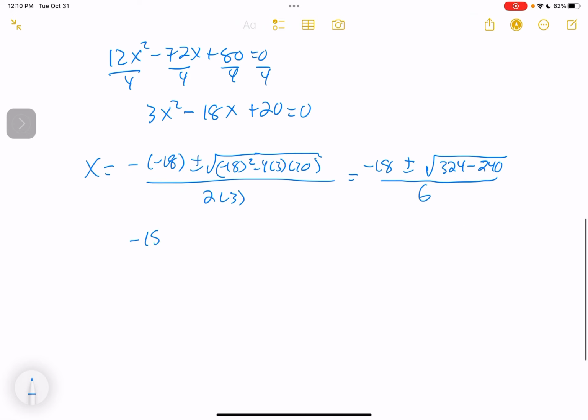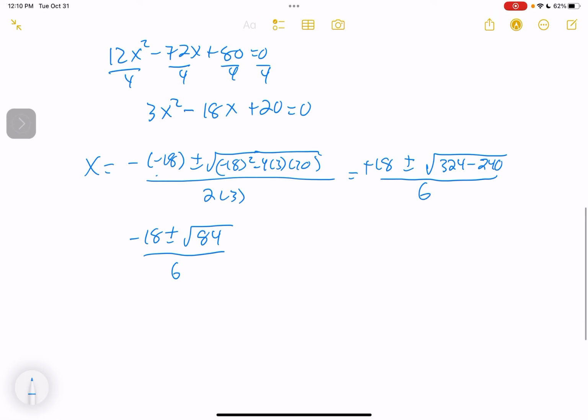So it's negative 18 plus or minus the square root of 84, all divided by 6. Oh, there's a double negative. I forgot that's a positive now. I'm starting to have a little panic here. I'm like, we're going to have a problem.